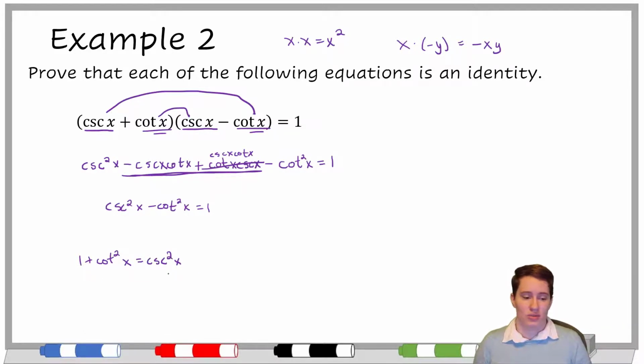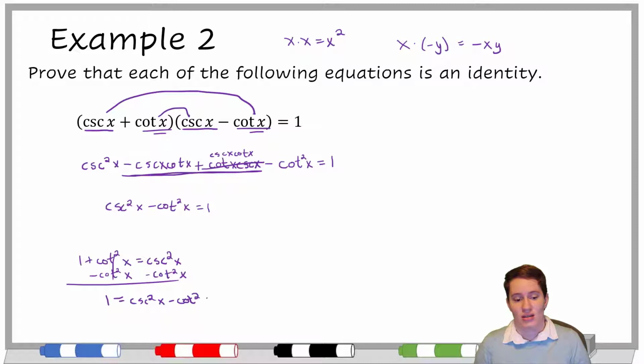Since this is 1 equals something. Well, to do that, I'd have to subtract the cotangent squared over here. And that means that I'd have 1 equals cosecant squared x minus cotangent squared x. That's what we have, right? So I can say, all right, cosecant squared x minus cotangent squared x, that is 1. So I get 1 equals 1, and now I'm done.